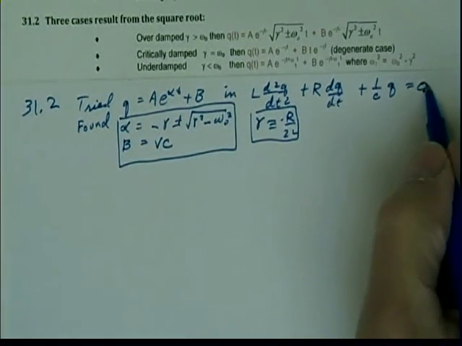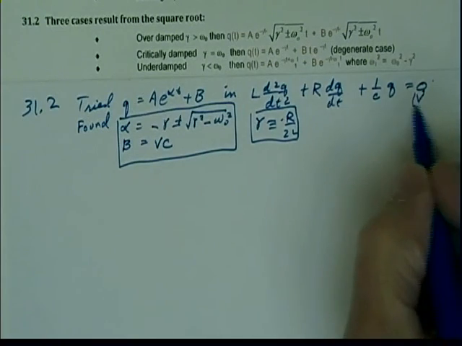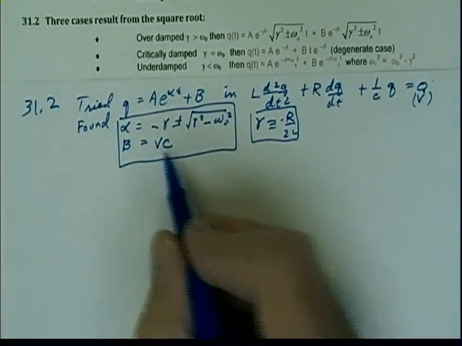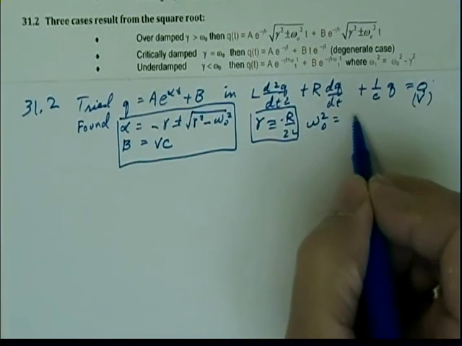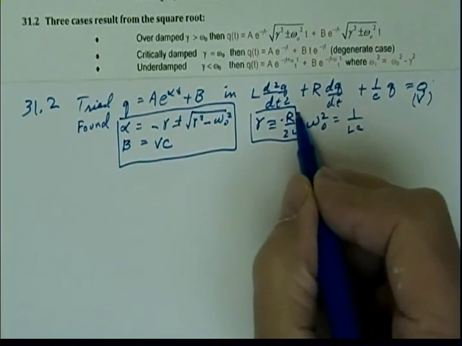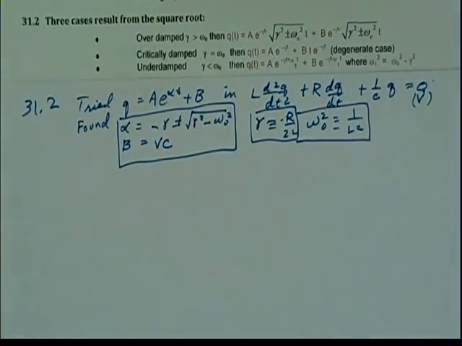I'll put up here a V, if we wanted to use it, then we'd get this VC part here. And omega naught squared, which is 1 over LC. That's the definition also. So this is where we were last time.